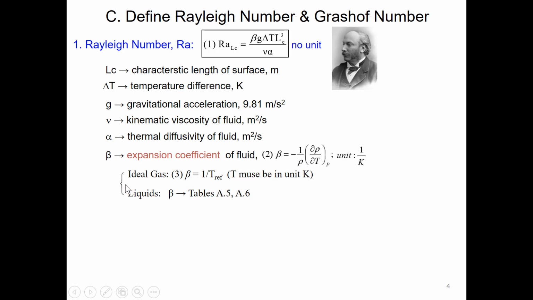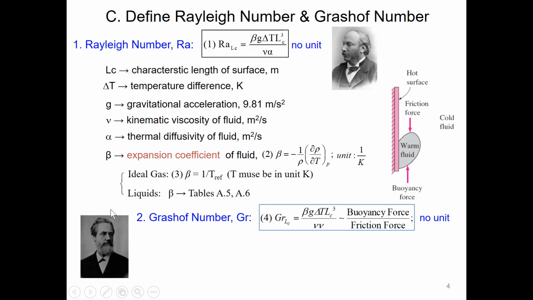In application for ideal gas fluid, equation 3 is used to calculate beta. For liquid fluid, beta is read from tables. Second, Grashof number, Gr, is defined in equation 4.